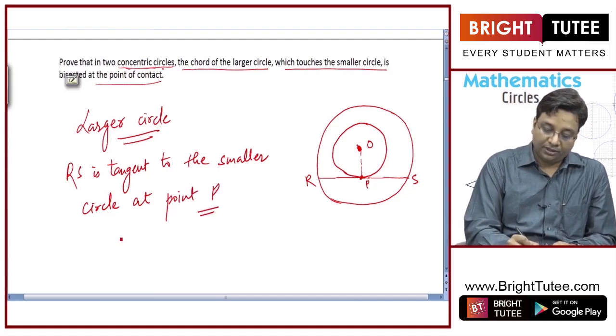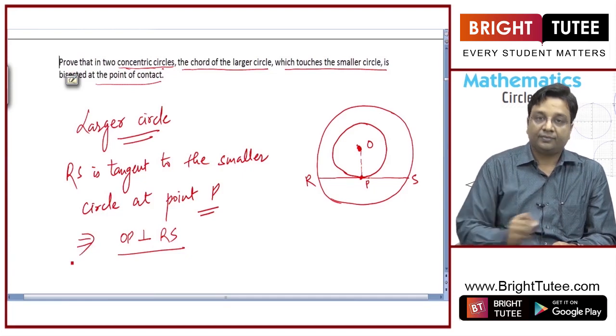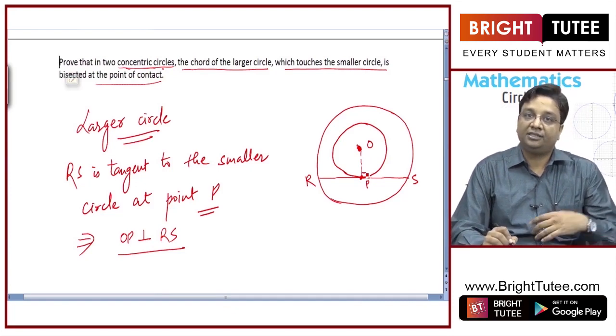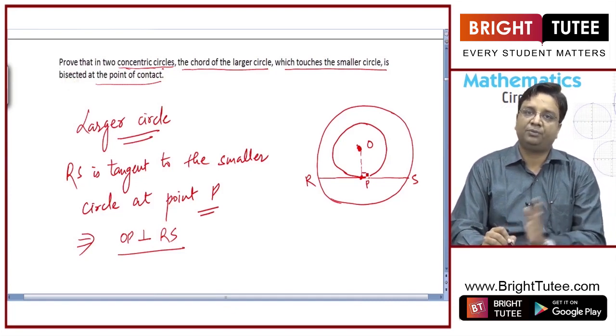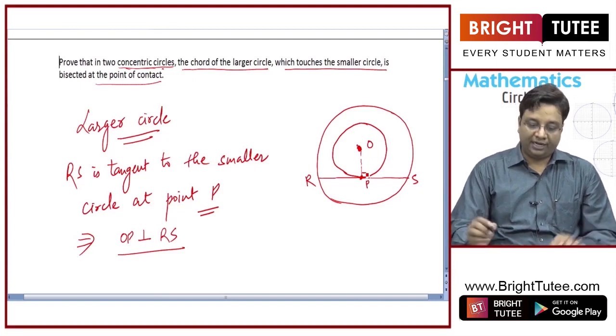So OP is perpendicular to RS, right? Because the radius and tangent will have 90 degrees of angle between them. This is what we already know or what we have proved in the introduction part. So OP is perpendicular to RS.